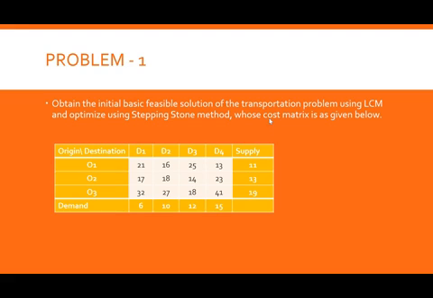Because the decision variable is a cost matrix, it is a minimization case. And the next thing that we are supposed to check is if the supply and the demand match, so that we'll get to know whether it is a balanced problem or not.